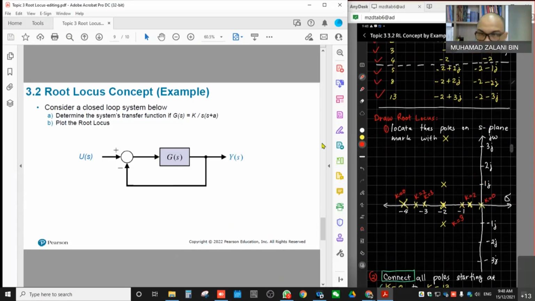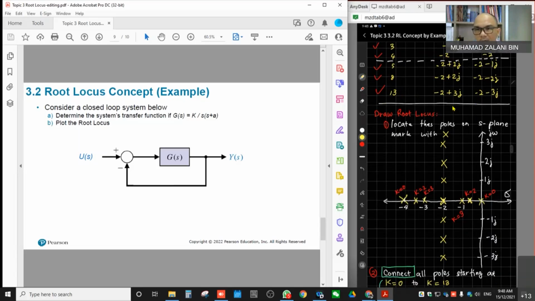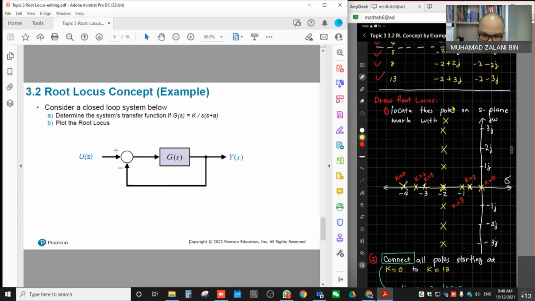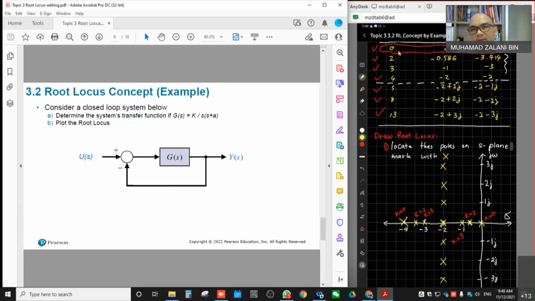So when k equals to 8, the pole location is right here and right there. Okay. Similarly, when we do for k equals to 13, the pole location is supposed to be right here and right there. Okay. Now we have all poles location for values of k varying from 0 to 13.